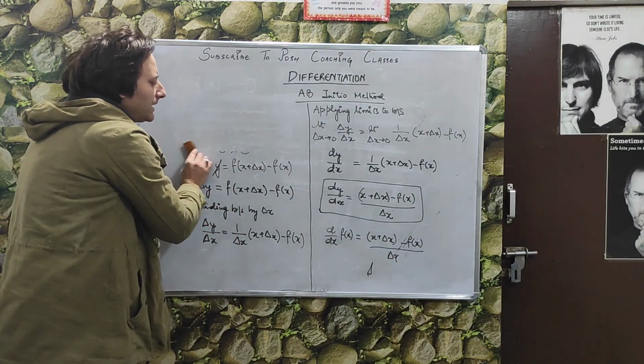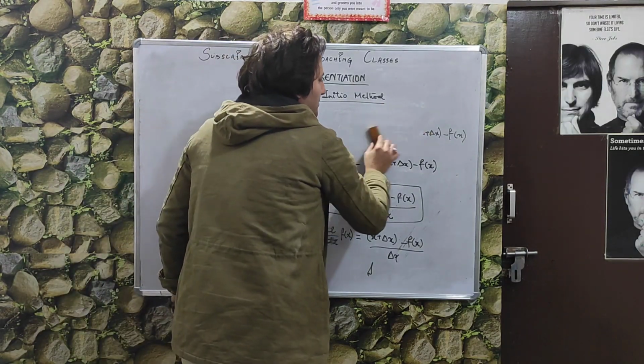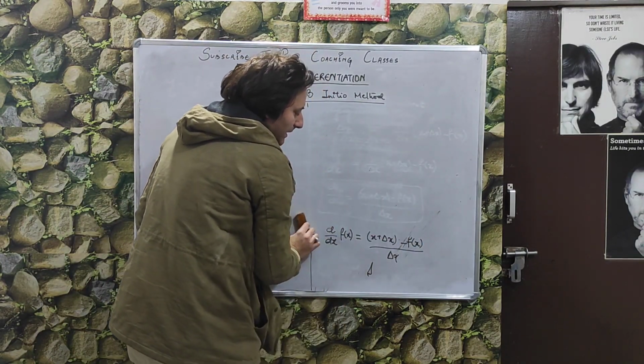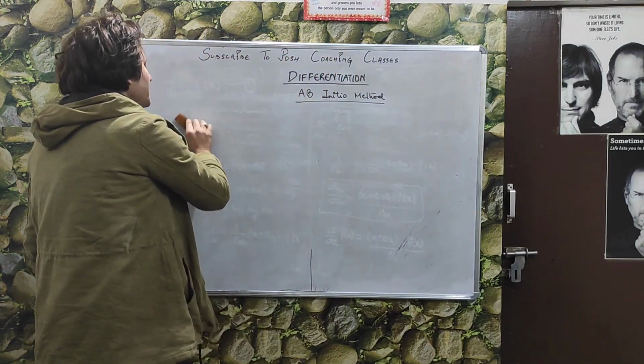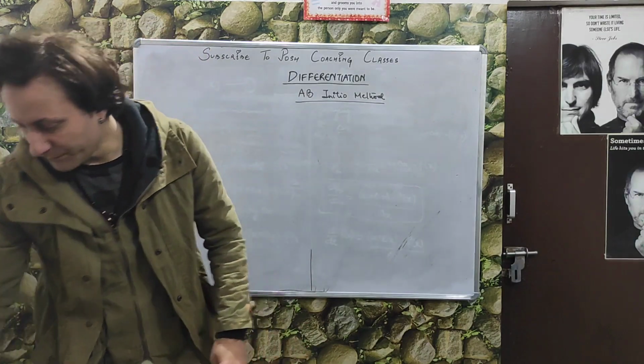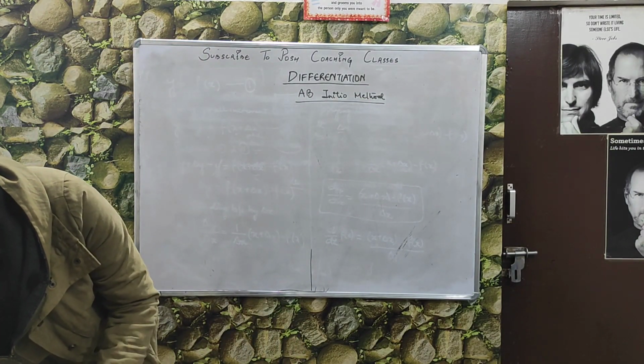Now we'll go for the second one. We'll use the same ab initio method, and we will use the same format for the other questions as well. So if we talk about the syllabus of 11th class, we have two questions.